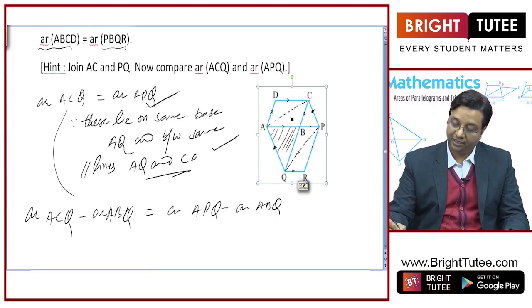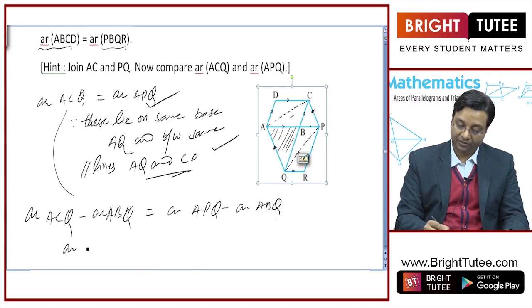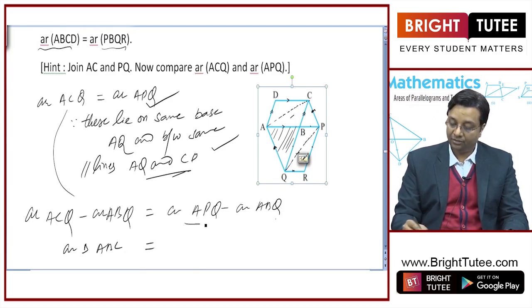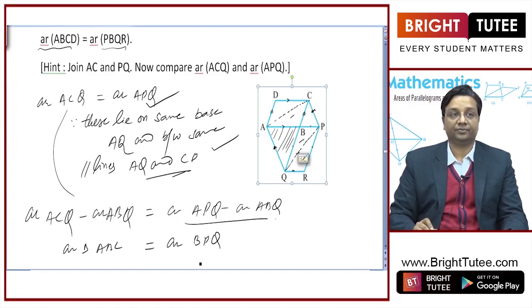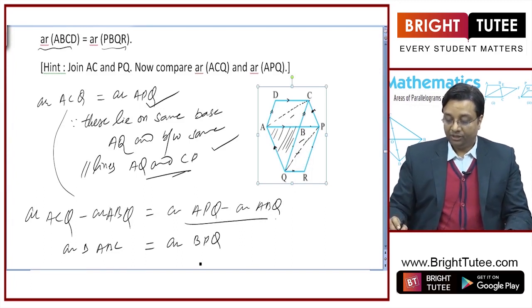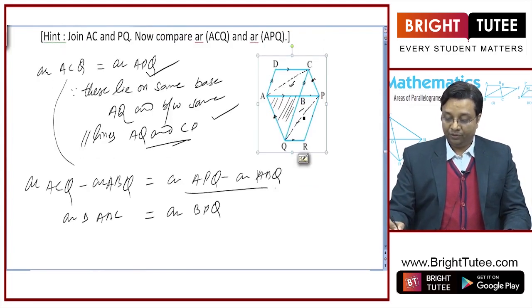It will give me this triangle. So area of triangle ABC is equal to, and this difference will give me area of BPQ. Okay. So these two areas are equal. This is what I proved.